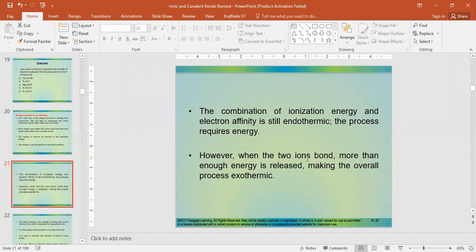What happens here is the preparation of the ions, because you have a sodium and you have a chlorine. The sodium has to be transformed from sodium to sodium plus, and the chlorine has to be transformed from chlorine to a chloride ion, that is chlorine minus. Those two processes require some energy.